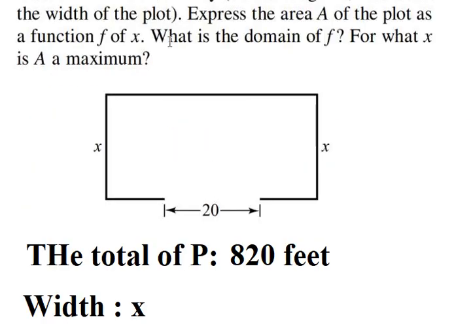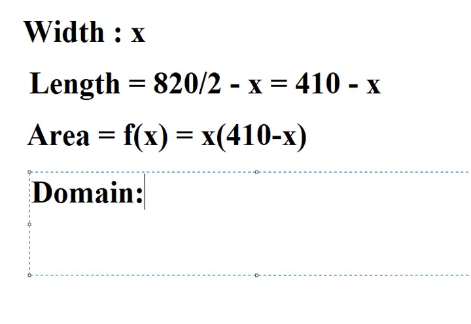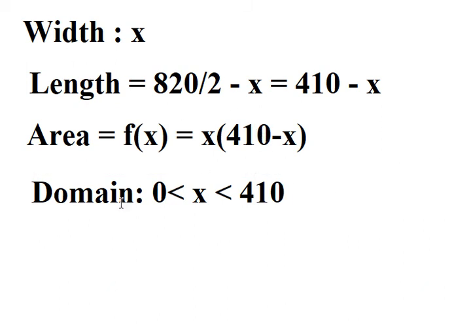Now the next one, what is the domain of f? So the domain in this situation, s should be greater than 0, because there should be a positive number for the width, and smaller than 410, because 410 is the maximum for the length.